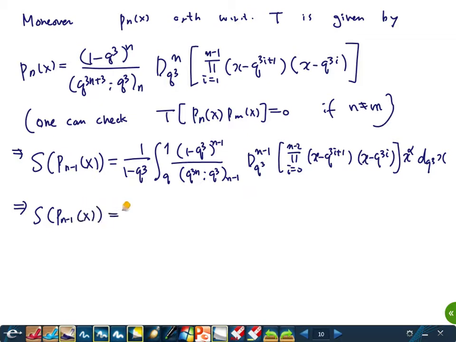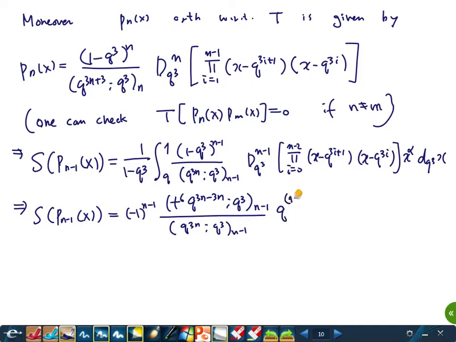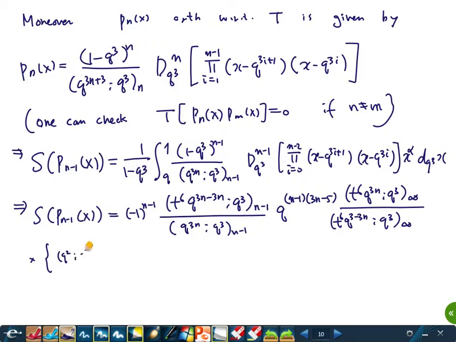Summation using hypergeometric series, times 2phi1, this basic hypergeometric series we learned.